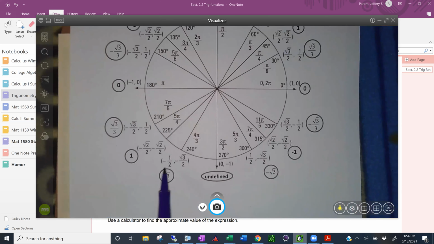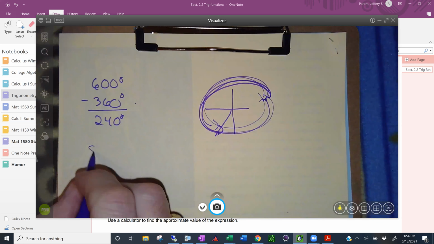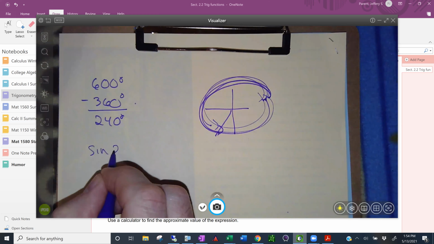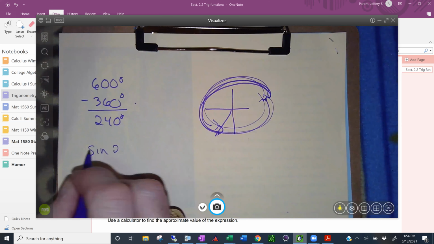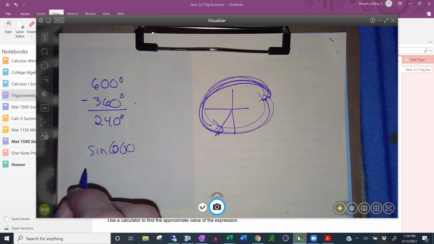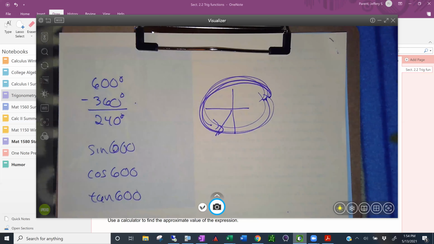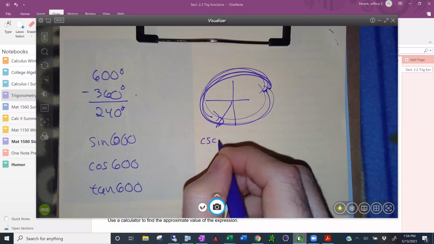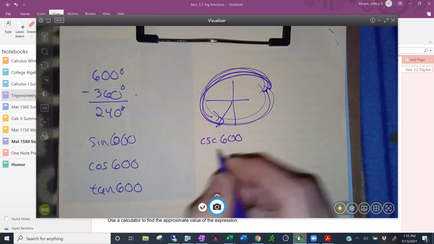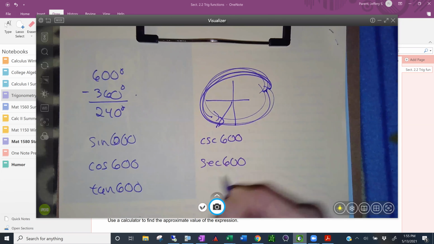And now we've got everything. You've got your sine of now 240 or 600, doesn't matter. I guess I'll just write 600. Sine, cosine, tangent, and then the reciprocals. Cosecant, secant, and cotangent.